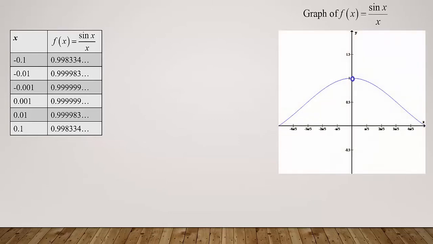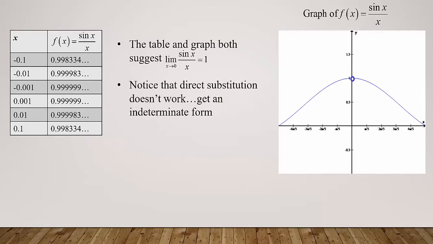There's the graph of sine x over x. It supports the table. So the table and graph are both suggesting the limit as x approaches 0 of sine x over x equals 1. Please note that direct substitution wouldn't work in trying to determine this limit. If we try direct substitution, we get the indeterminate form 0 over 0.